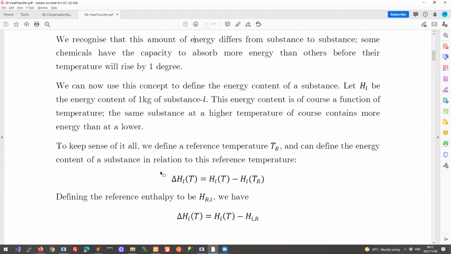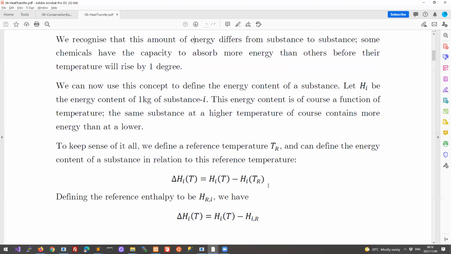We also define the change in enthalpy at a temperature T to be the absolute enthalpy at temperature T minus some reference temperature enthalpy. We introduced the concept of a reference enthalpy because we don't like to work in terms of absolute enthalpies. You could say that the absolute zero enthalpy occurs at 0 Kelvin.